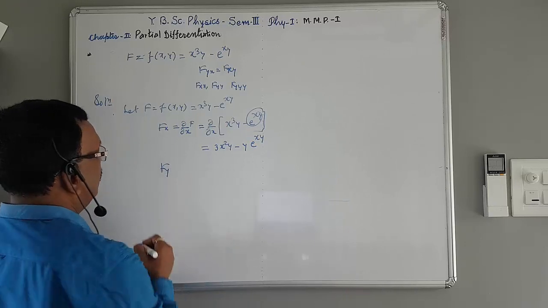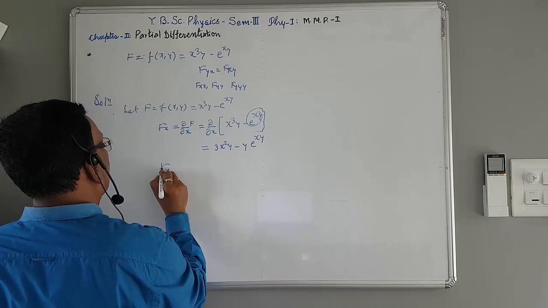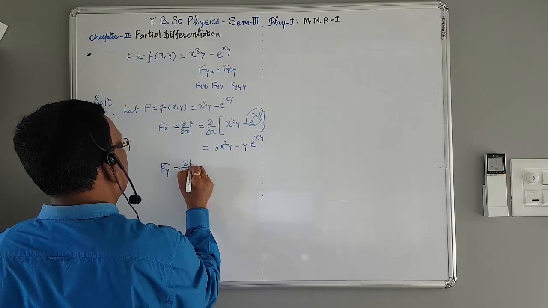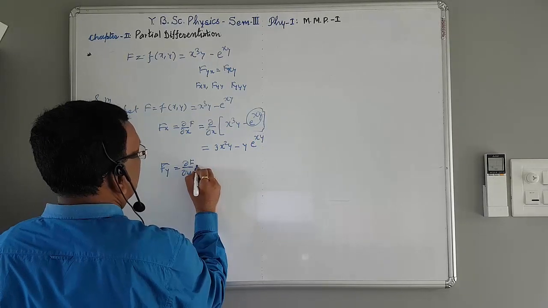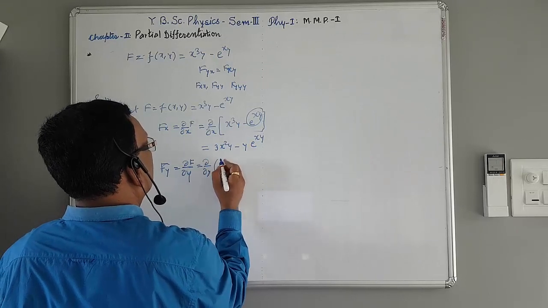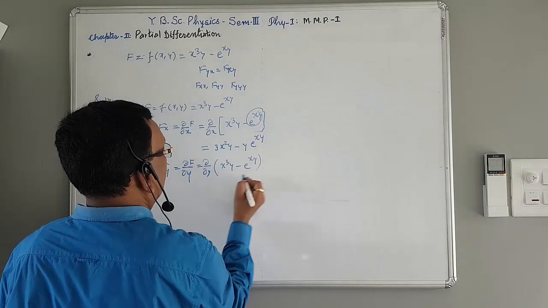Similarly, the first order derivative of the given function with respect to y is f_y, that is ∂/∂y of the given function, ∂/∂y of (x³y − e^(xy)).